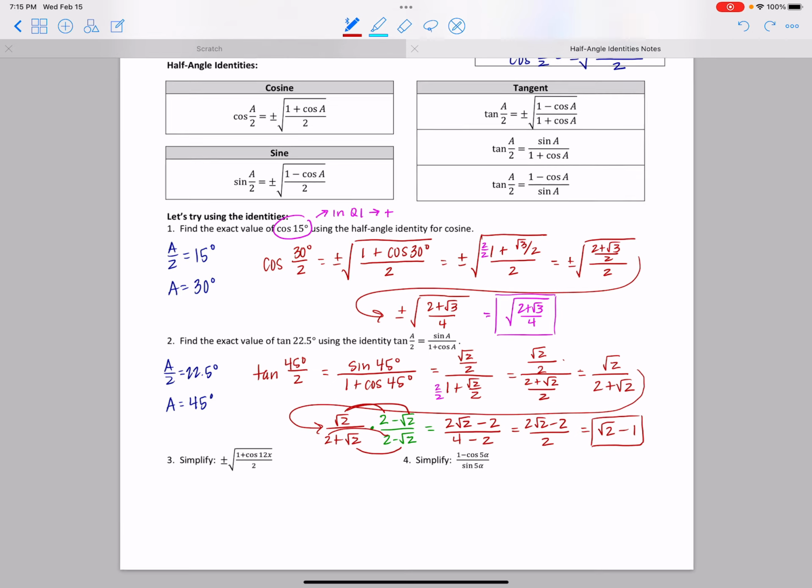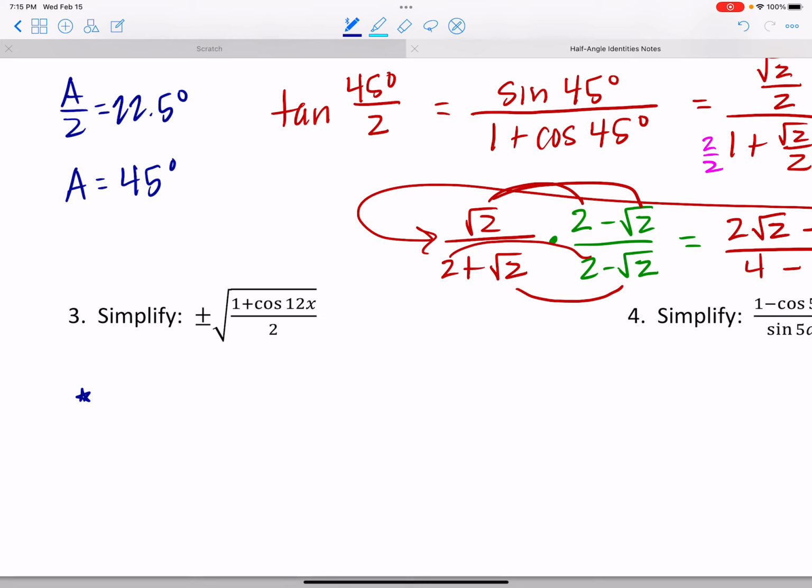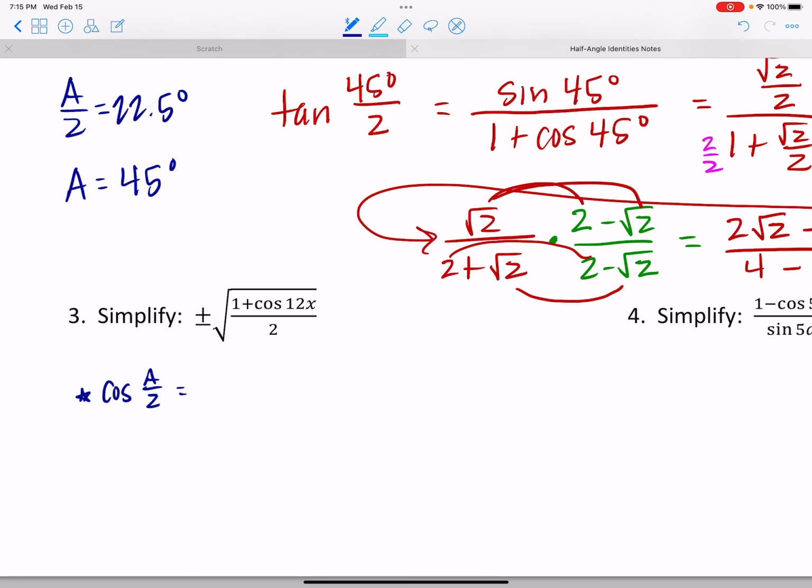Actually, let me just write the formula so I don't have to keep looking back and forth. The formula says if we take the cosine of a over 2, it's going to be equal to plus or minus the square root of 1 plus the cosine of a all divided by 2. So if we're looking at what we're given, what we have to notice is that a is being replaced by 12x.